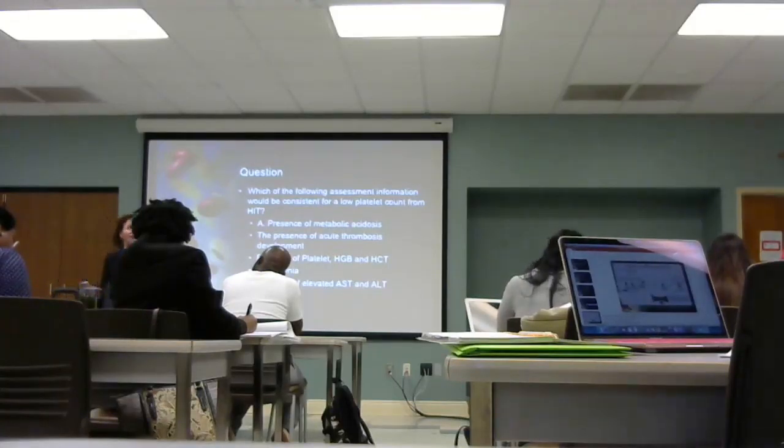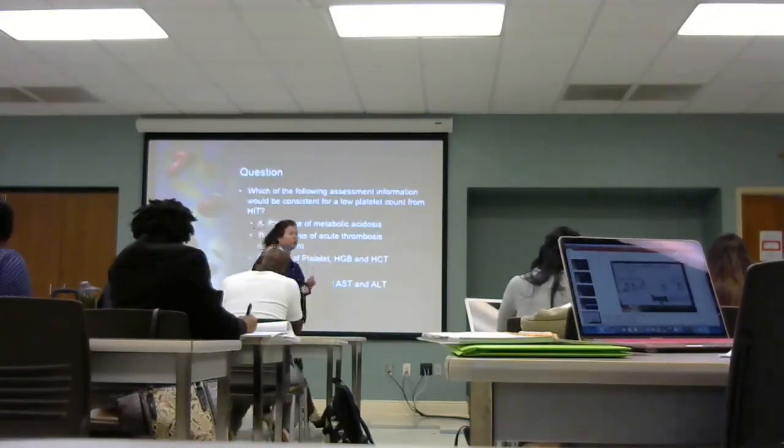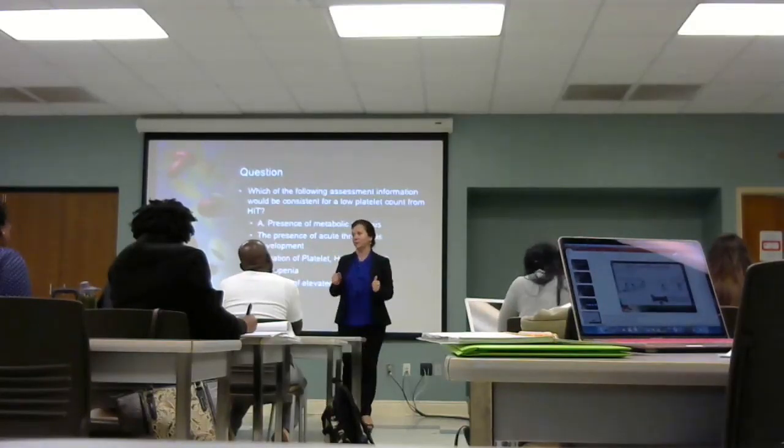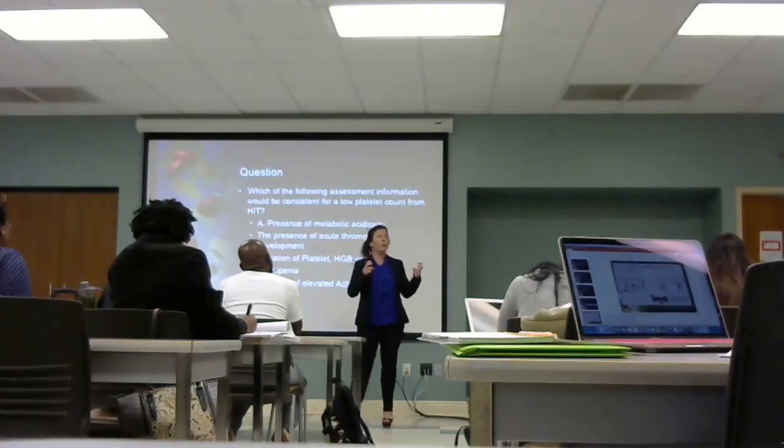For prophylaxis. You expect that if a patient is getting heparin sub-Q or Lovenox sub-Q, because this could also happen with any low molecular weight heparin, right? That the patient is well protected against thrombotic events, right?